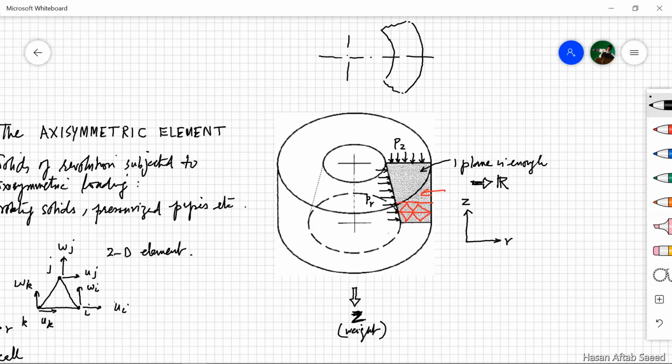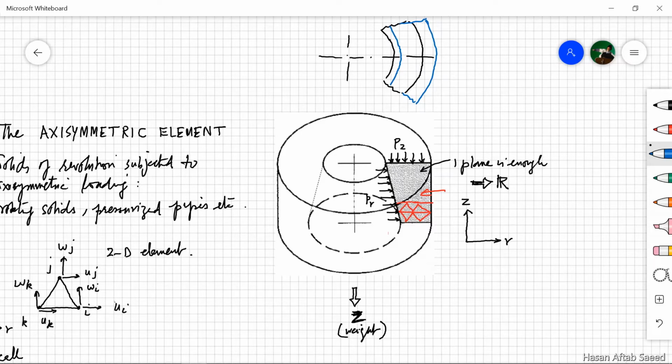Now let's say that after deformation, that is after the application of the pressures and the body forces, the inner as well as the outer boundary expand, and the boundaries in blue show the final position of the inner and the outer diameter.